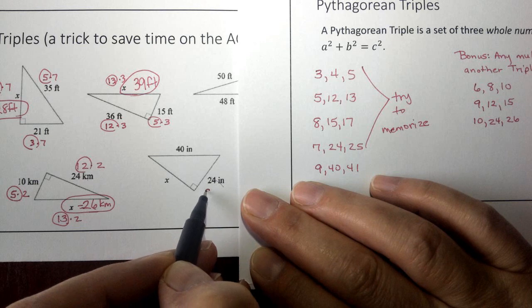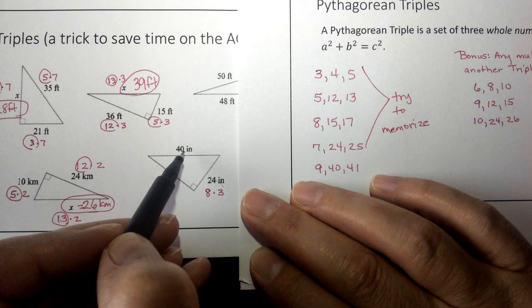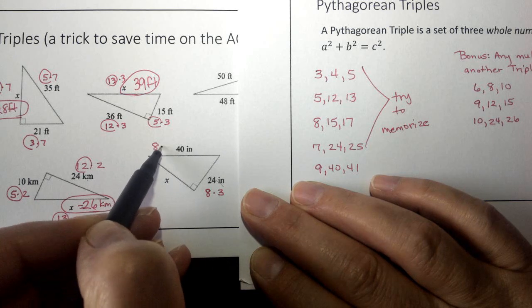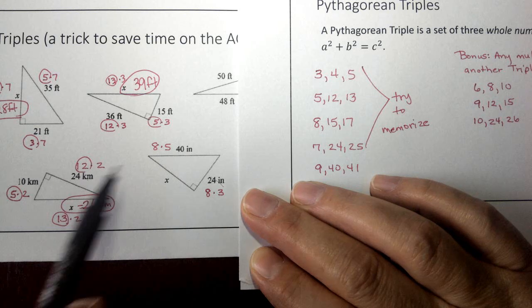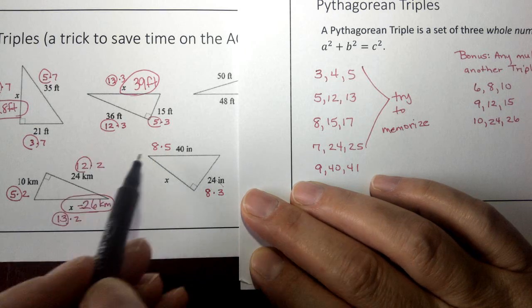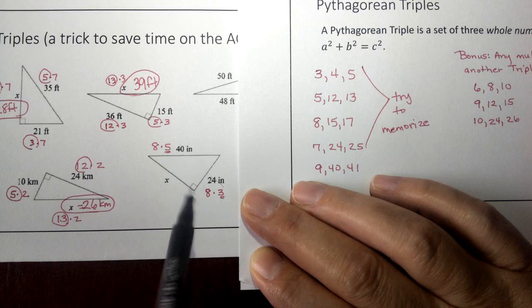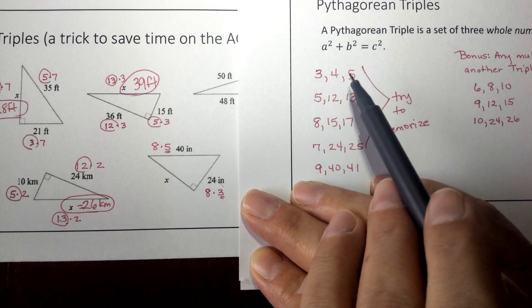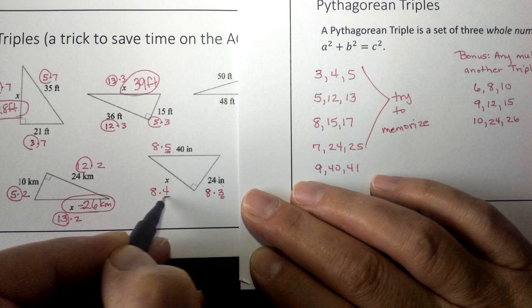So 24 is 8 times 3. 40 is 8 times 5. It really doesn't matter, the 8 is common. The uncommon numbers are the 5 and the 3. 5 and 3 go with the 3, 4, 5 triple. That means this third side is 8 times 4.